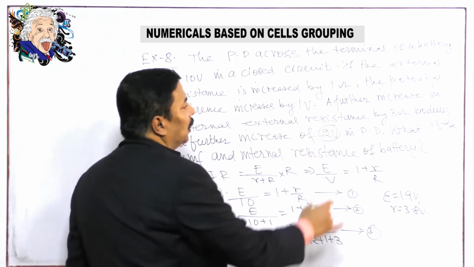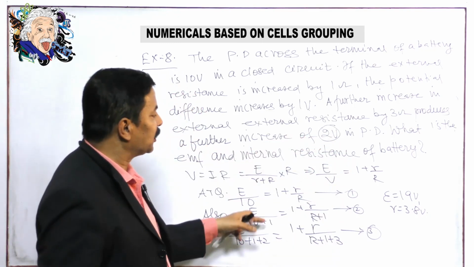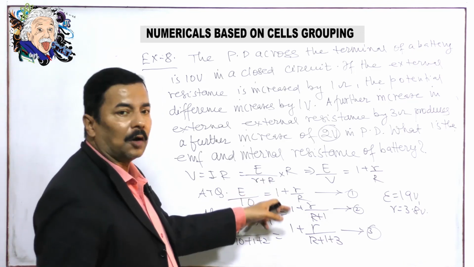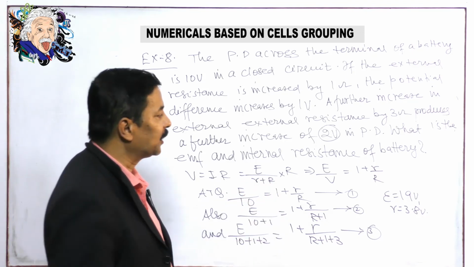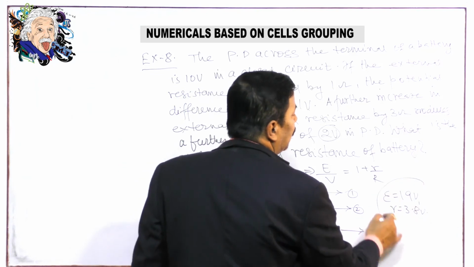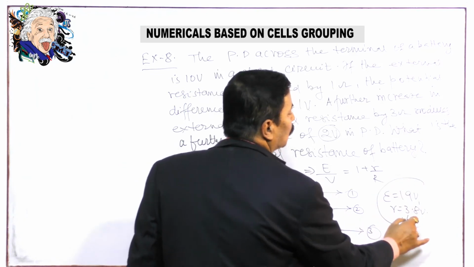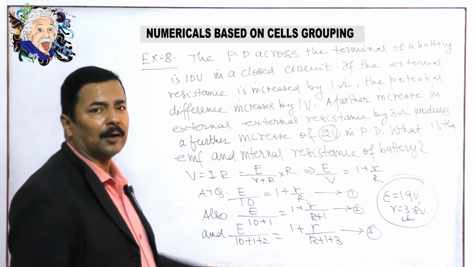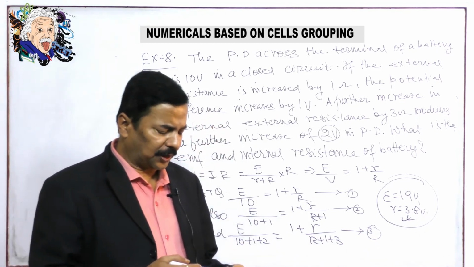So we are getting 3 equations. By solving these 3 simultaneous equations, you can get the value of E to be 19 volt and r to be 3.8 ohm.